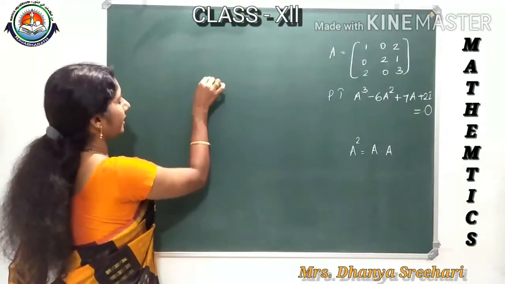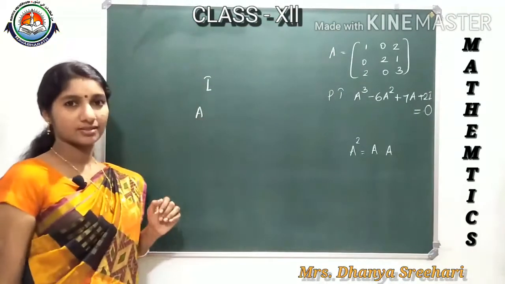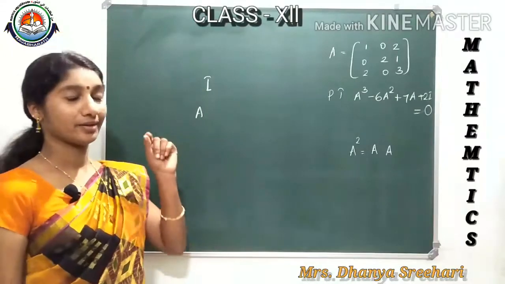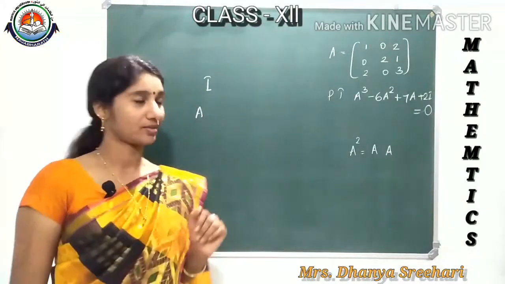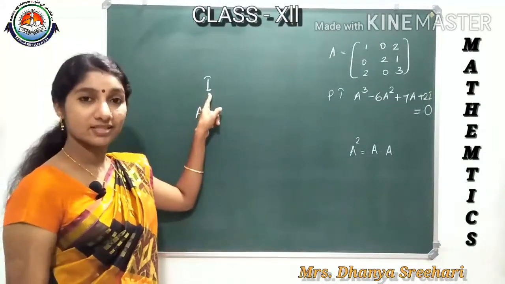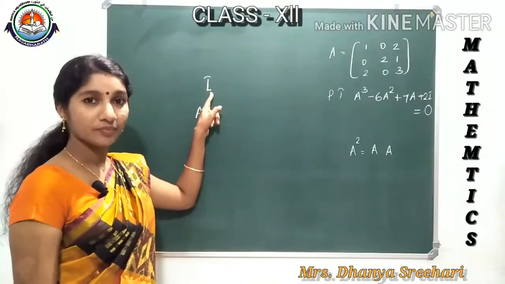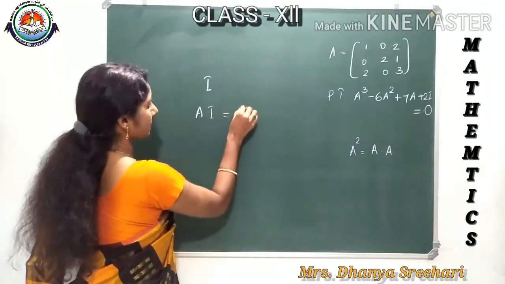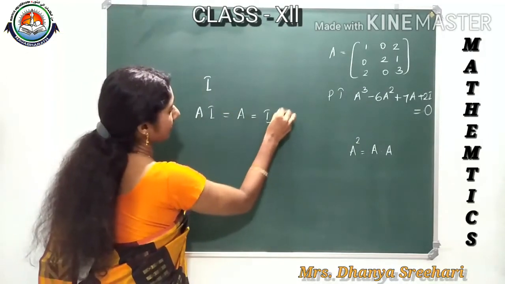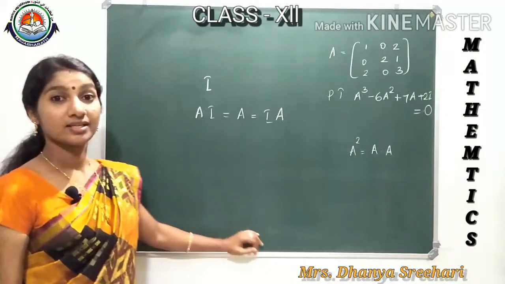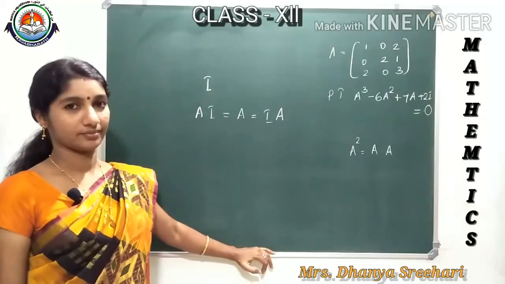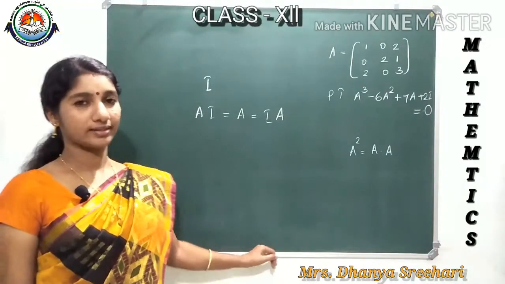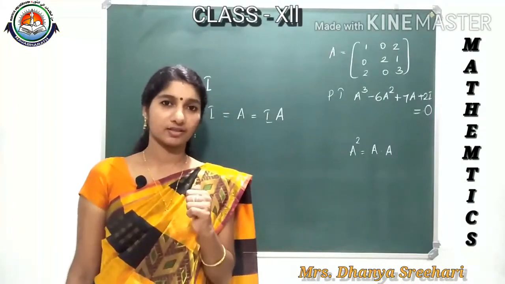An identity matrix means always a square matrix only. So an identity matrix exists such that A into I is equal to A, and it is equal to I into A for every square matrix A.